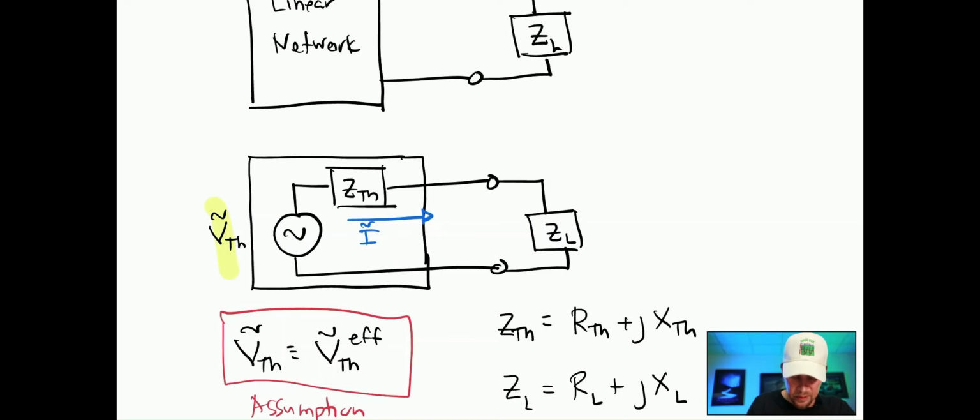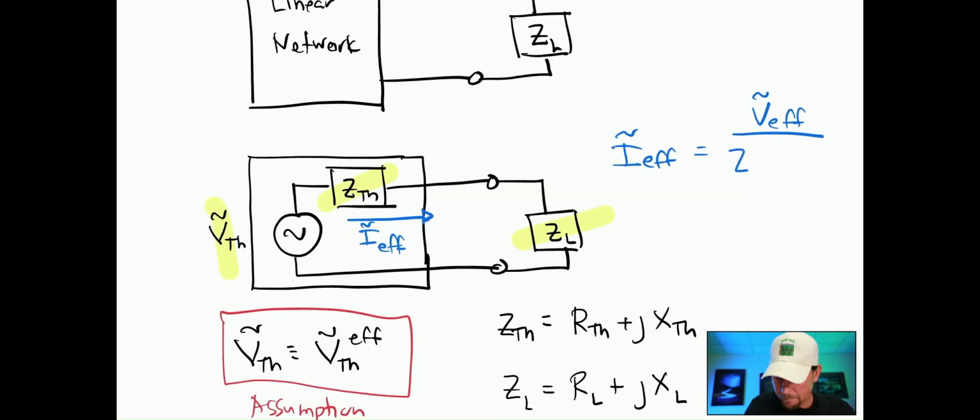And that effective current, because the Thevenin voltage, the Thevenin impedance and the load impedance are in series, we can definitely say it's got to be the effective voltage divided by the series sum of the Thevenin impedance plus the load impedance.